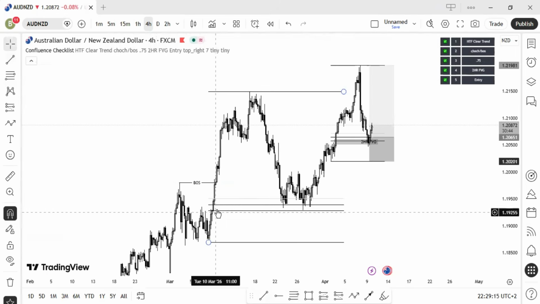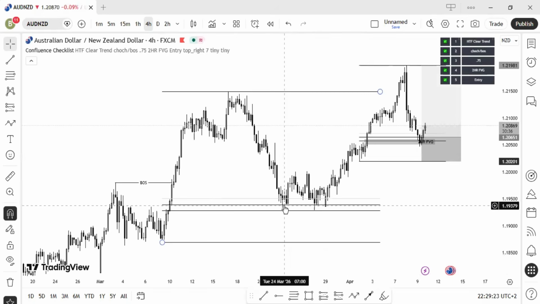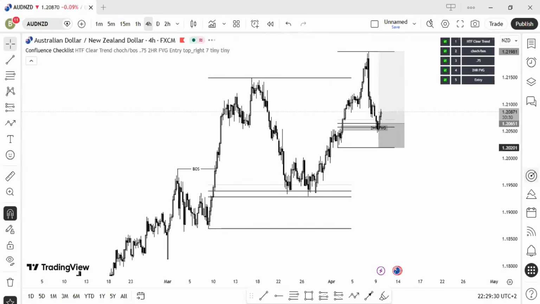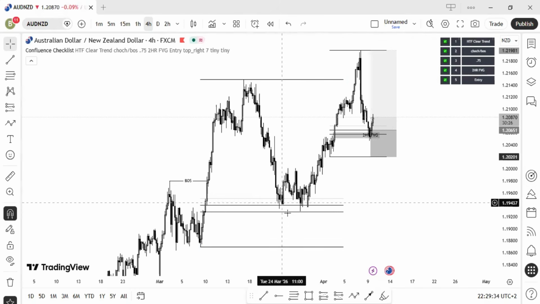The fib aligns with a fair value gap here. 0.75 right there, you take your entry there. See how we came back into that 3 times, yet it's still respected. So even if it comes back and chops around your entry here, that doesn't mean you are in the wrong trade. It could still respect that.